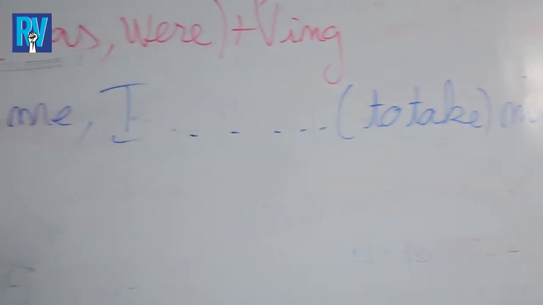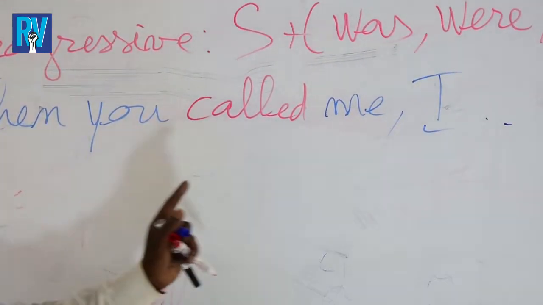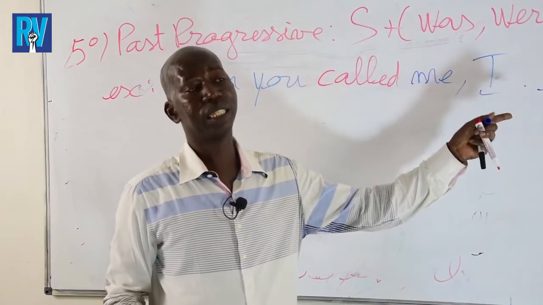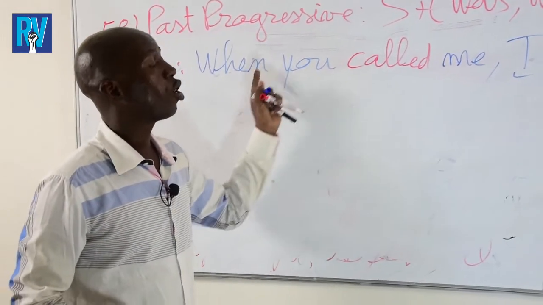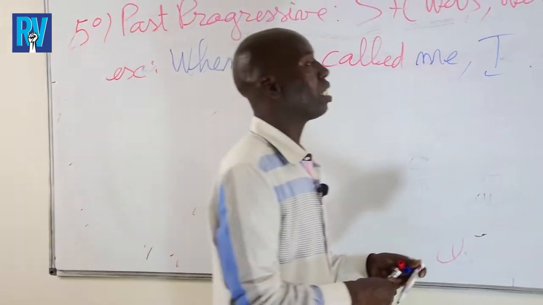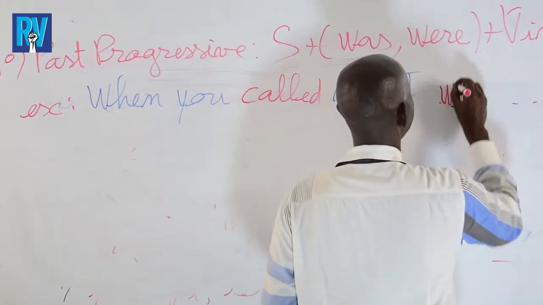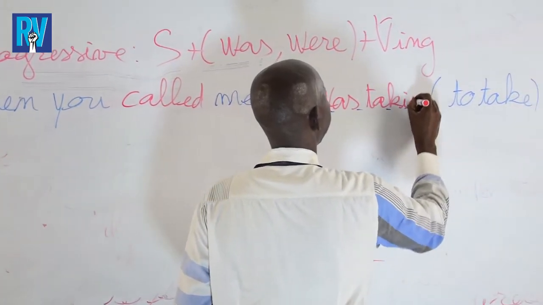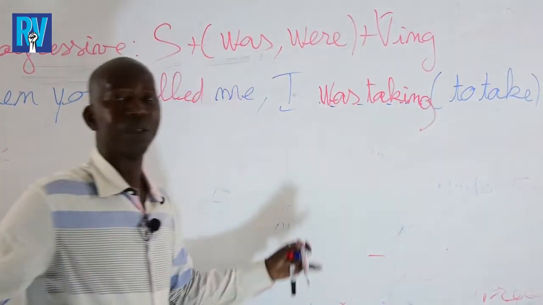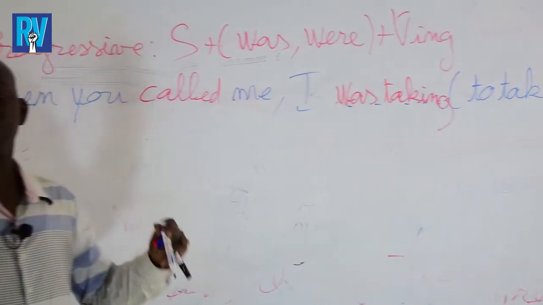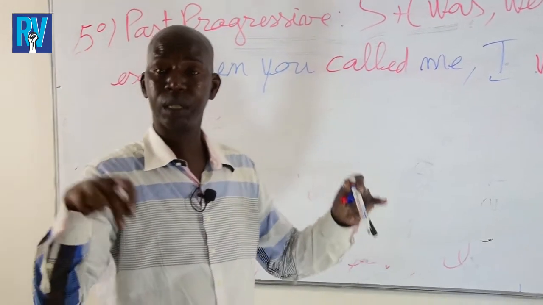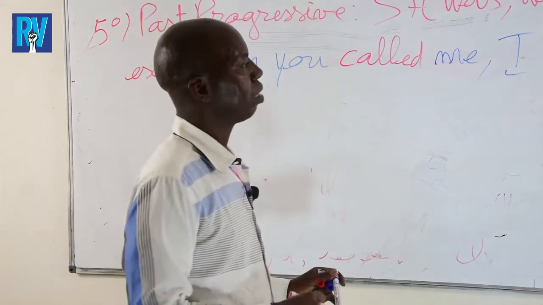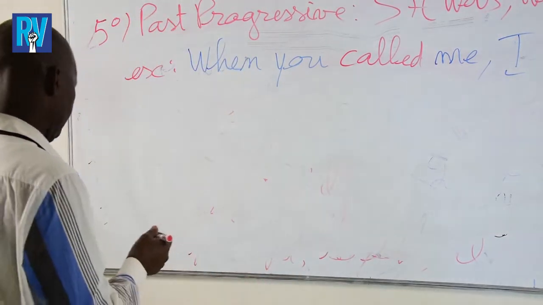Okay? So this is an action in the past. Hier, au moment où vous m'avez appelé, en ce moment même, il y avait une autre action qui était en train de se dérouler. When you called me, I was taking my bath. So here we have two simultaneous past actions. Deux actions simultanées au passé qui se sont passées en même temps dans le passé. We have the past progressive.